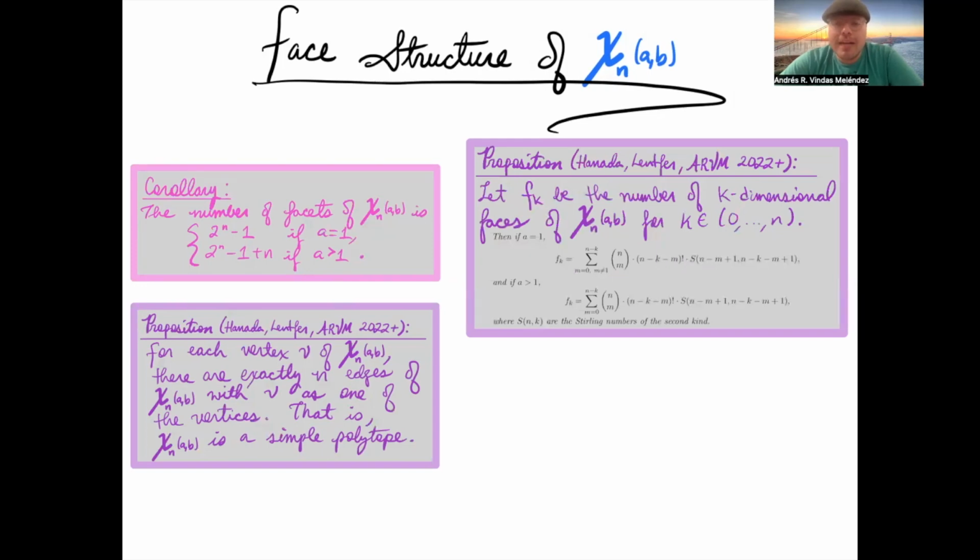And we're actually able to take it further than just the facets. The facets are the n minus 1 dimensional faces, but we can tell you the number of any k-dimensional faces for this polytope. And this brings in some nice combinatorics dealing with the Stirling numbers of the second kind.